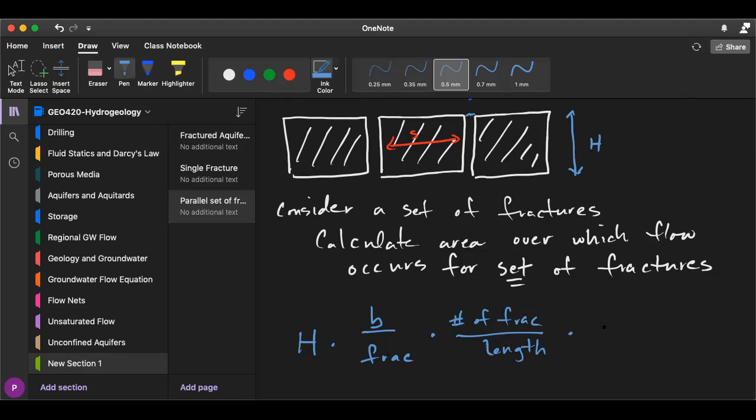And then L is length. So this is the area of fractures over which flow is occurring.